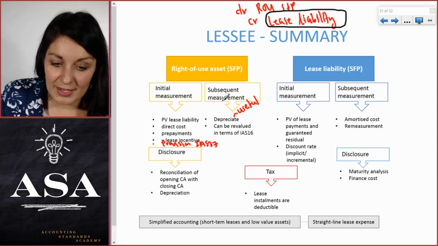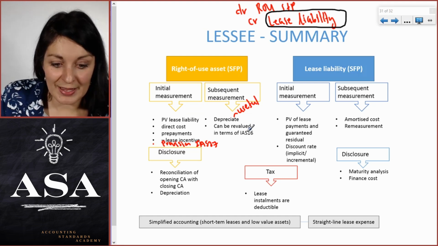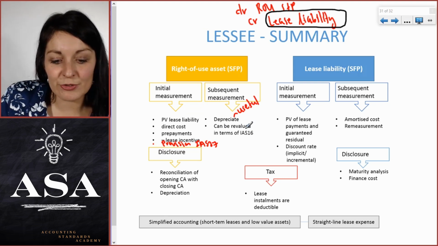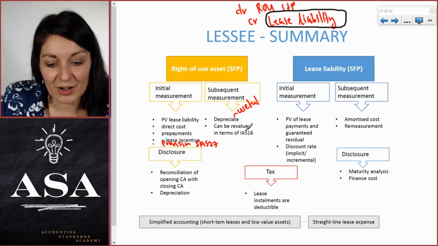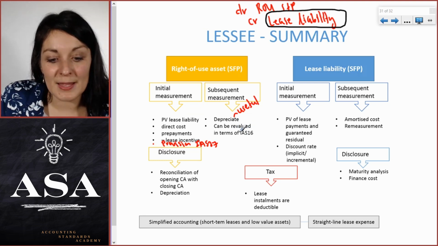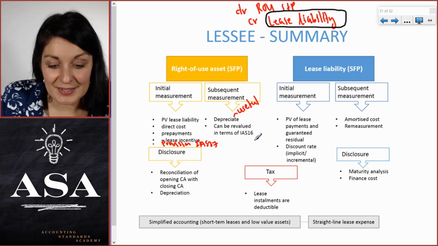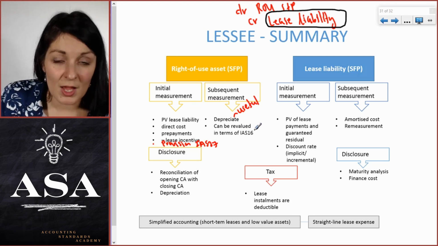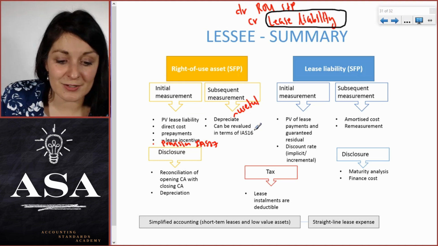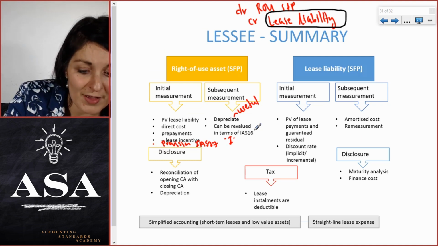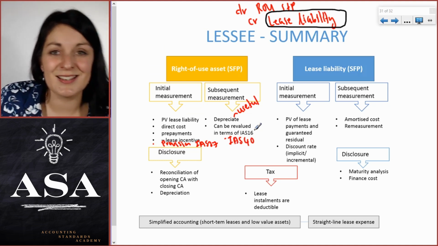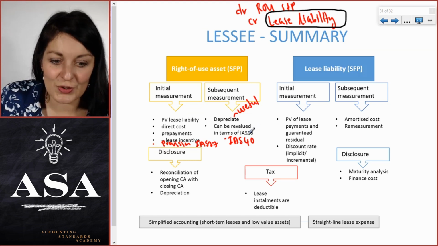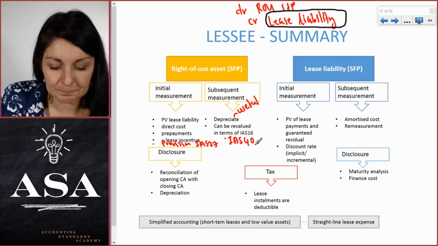Watch out that your right of use asset can be revalued. It is by default in the cost model, but it can be revalued if it forms part of the class of assets in property, plant and equipment that is revalued in terms of the company's accounting policy. Also, if this right of use asset is part of an investment property that is fair valued, then you are allowed to also fair value the right of use asset.